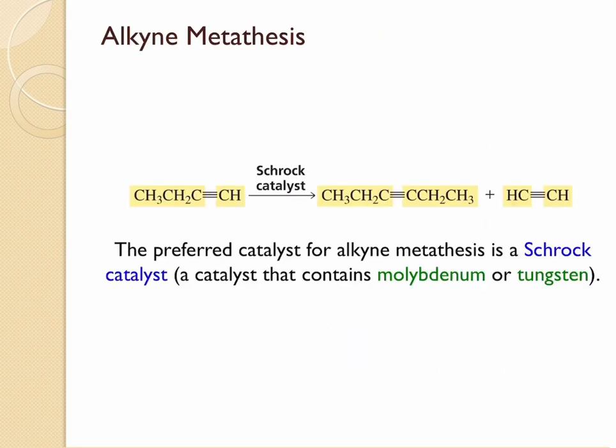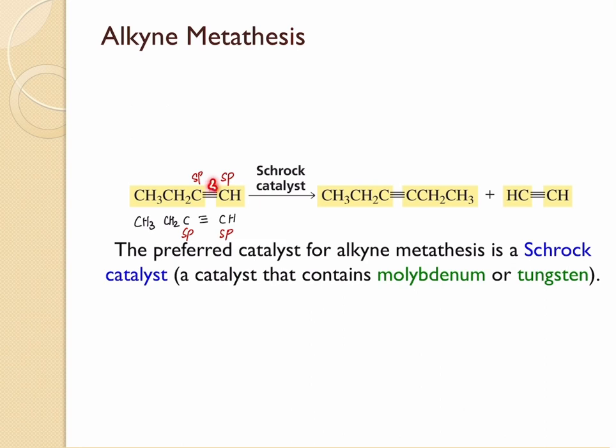Even alkynes can undergo metathesis reaction, for which we need to use the Schrock catalyst, which is a catalyst containing molybdenum and tungsten. So here is our alkyne molecule. Let's see how we get two different products. This is our sp carbon. And let's also draw the other alkyne molecule. These are our two other sp carbons.